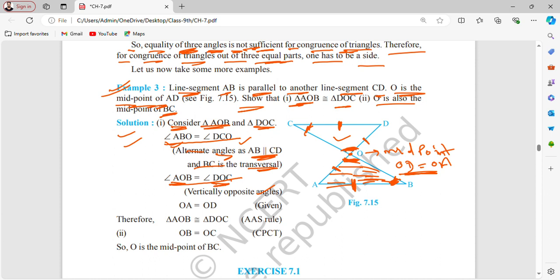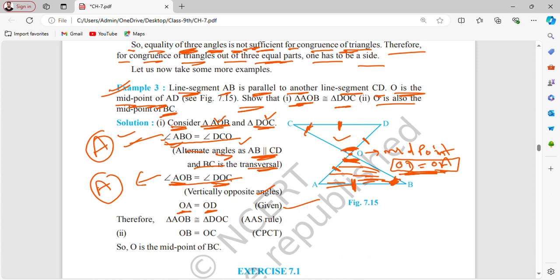So we already have two pairs of angles equal. This represents one A and this relation represents another A. If we want to prove these two triangles congruent, one requirement is left, the side. So here OA is equal to OD, which is given in the question, because O is the midpoint of AD.